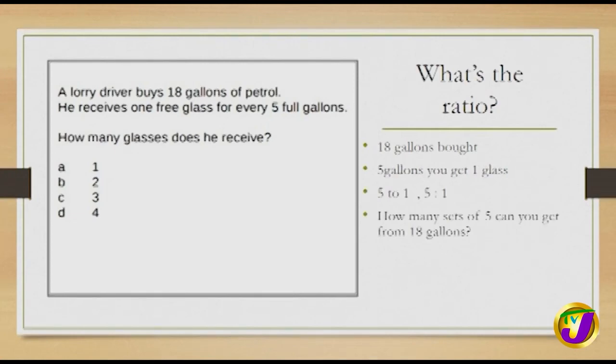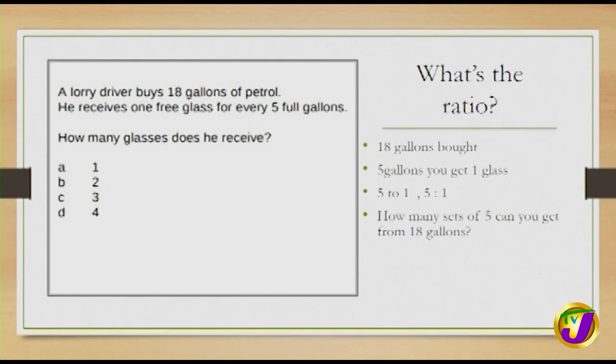I know you got this. You divide 5 into 18, you get 3, with 3 gallons extra, because 3 times 5 is 15. But if you buy 3 gallons, you don't get any glass, so you can't bother with that. Now we know we have 3 sets of 5 gallons out of the 18 gallons.